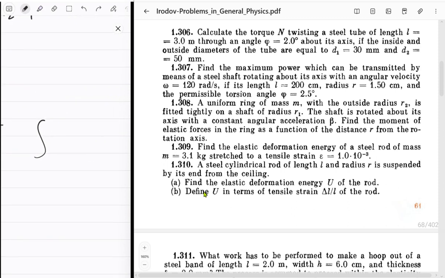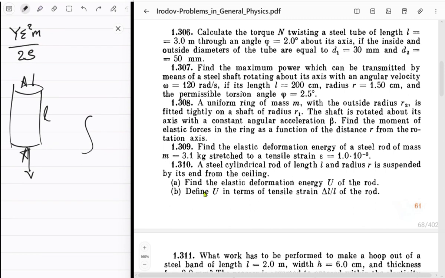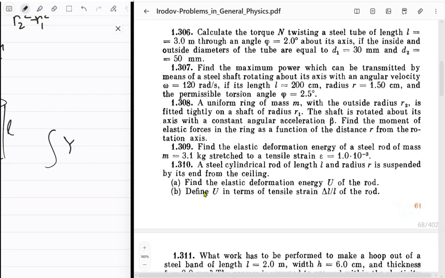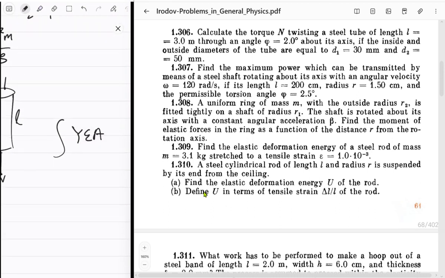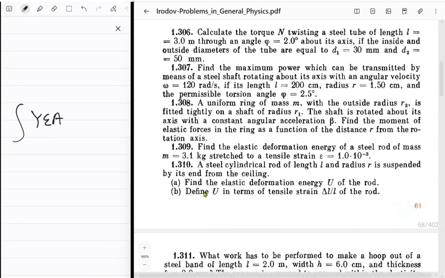What is F, by the way? For reversibility, you would just want our F to be equal to the stress in this rod times the area, which is the Young's modulus times the strain times the area. And that times dL, right?